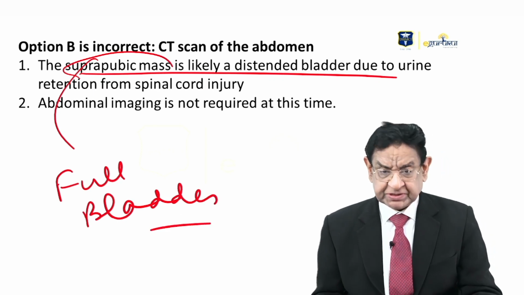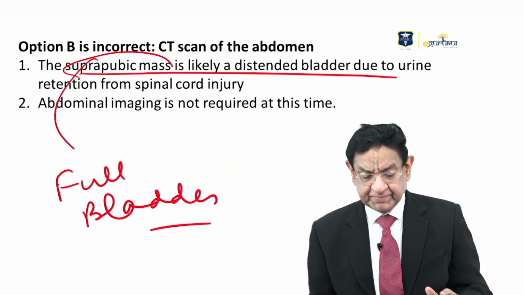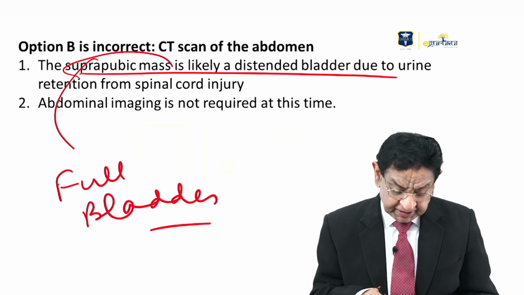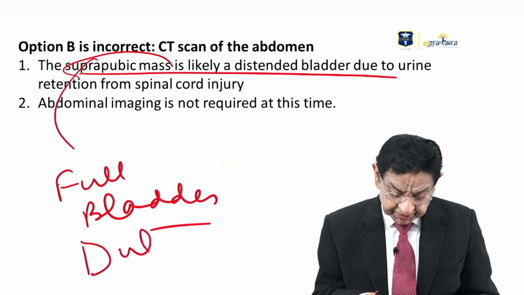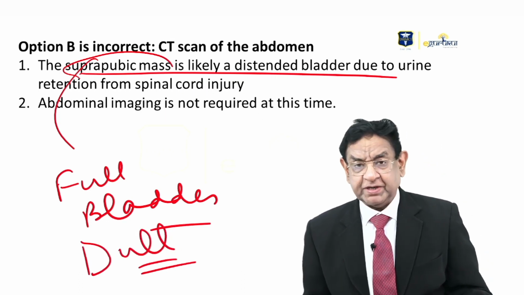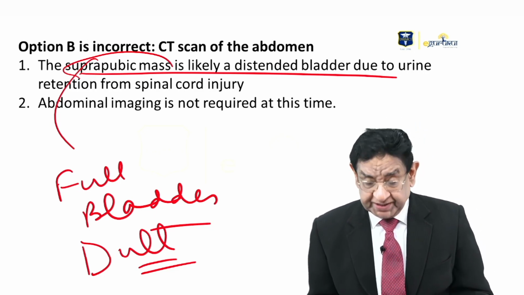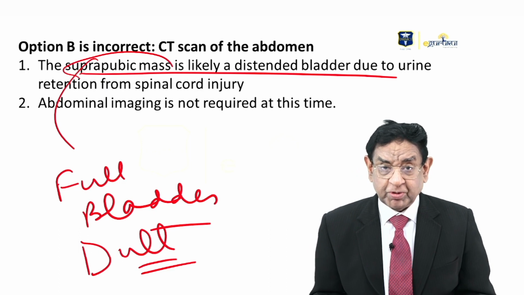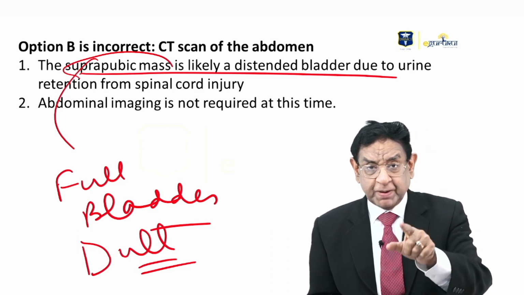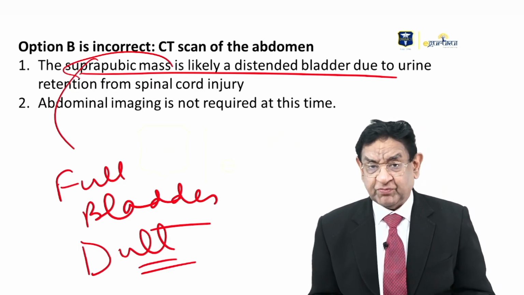How can you do clinical examination? You do percussion, you get dull on percussion. Of course, in females the possibility of a fetus is there, but as of now I'm talking about a male patient. Suprapubic mass, unless proved otherwise, is a full bladder.